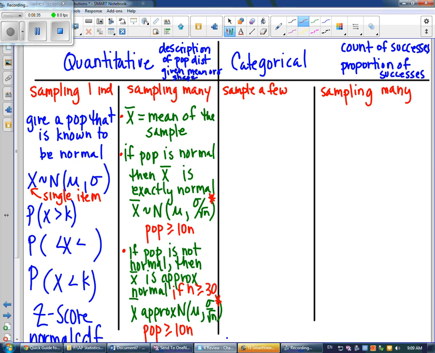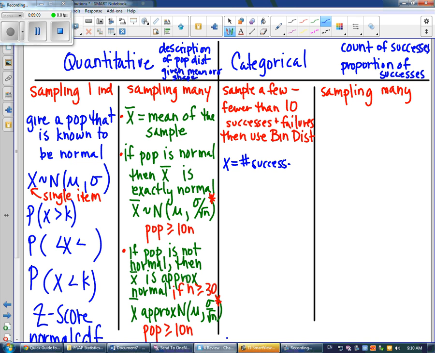If n times p and n times 1 minus p are less than 10, meaning fewer than 10 successes and failures, then you must use a binomial distribution. Be really careful here. In this case, we would say x equals the number of successes in n trials.